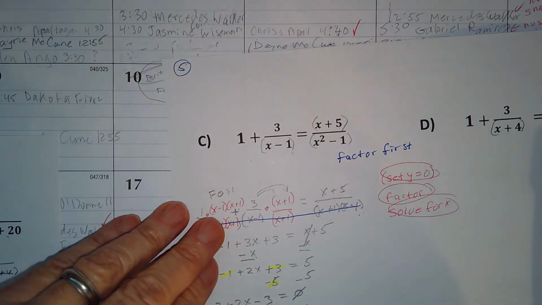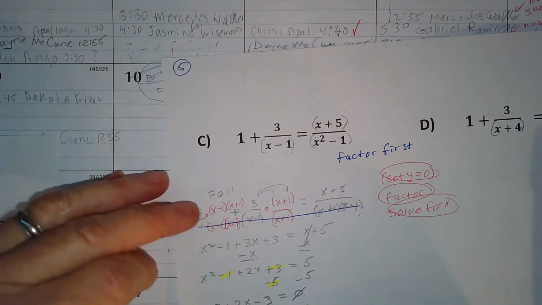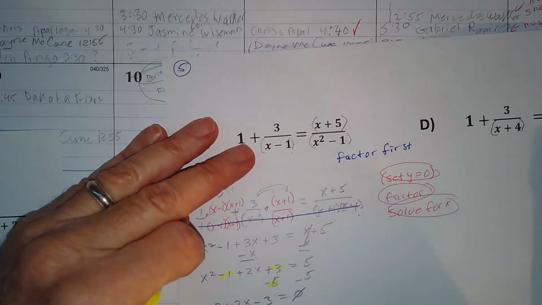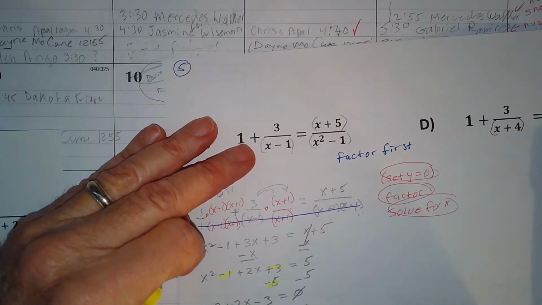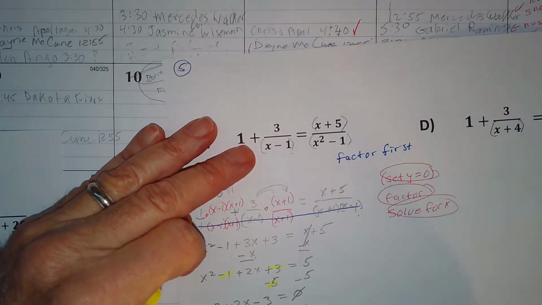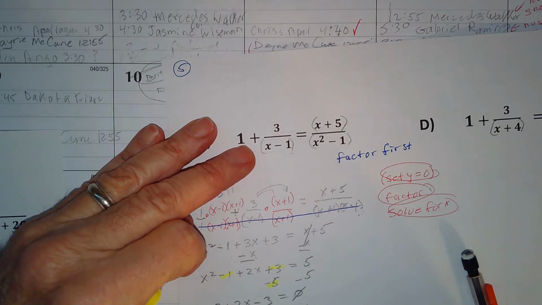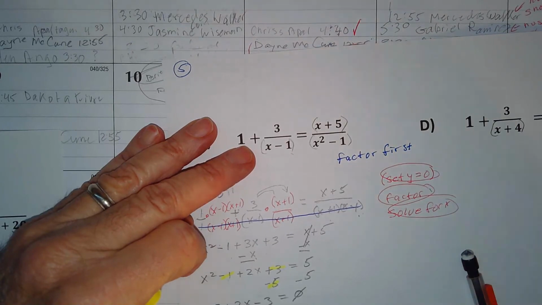Let's just finish this. 3 over 1 minus 1 equals 1 plus 5 over 1 squared minus 1.